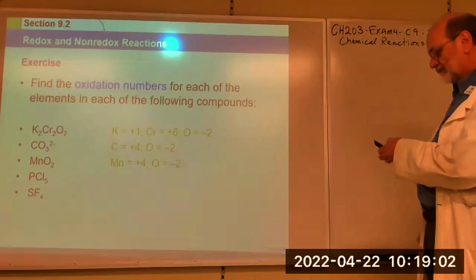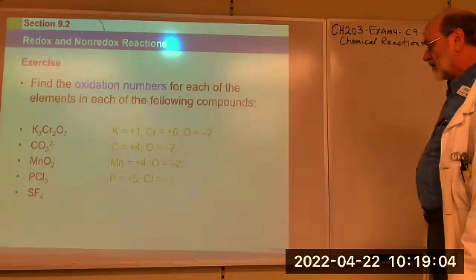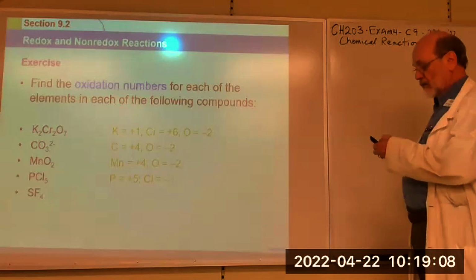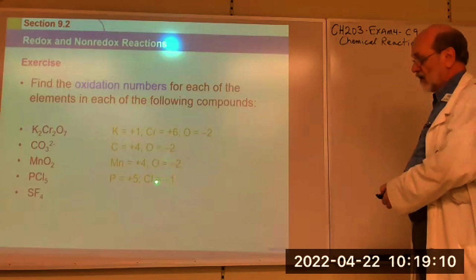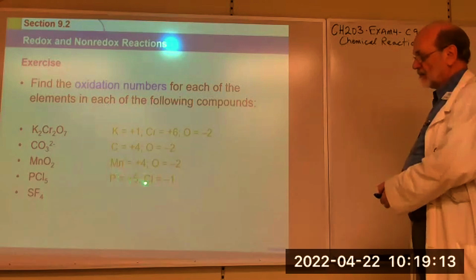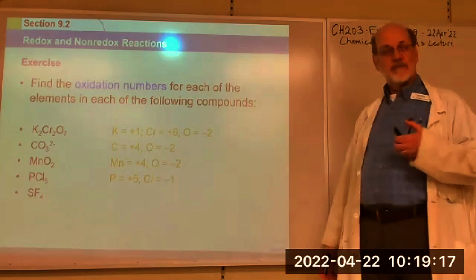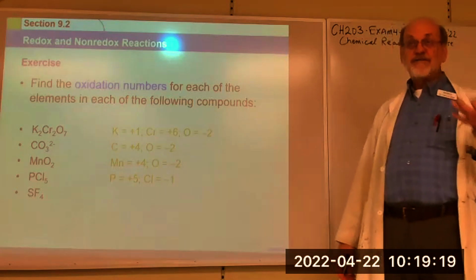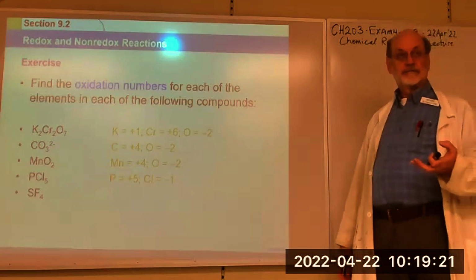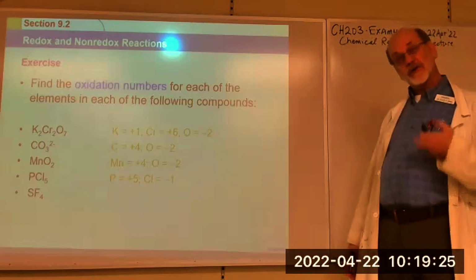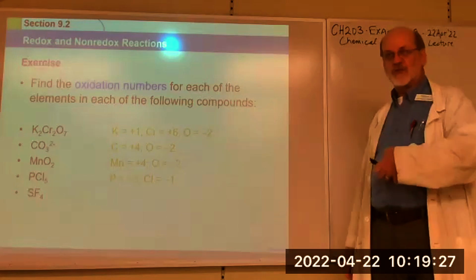Okay, let's get back to this one. Okay, so phosphorus is +5, chlorine's -1. And we chose chlorine as -1 here because where do you start? Phosphorus doesn't have a fixed oxidation number. Chlorine, however, is more electronegative, so we're going to start with that one as -1.